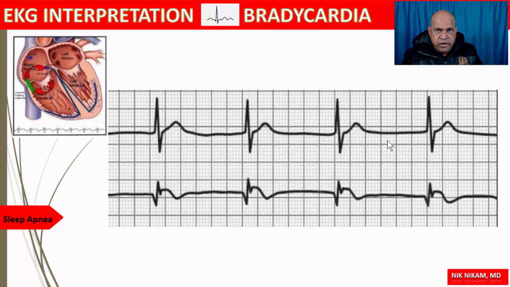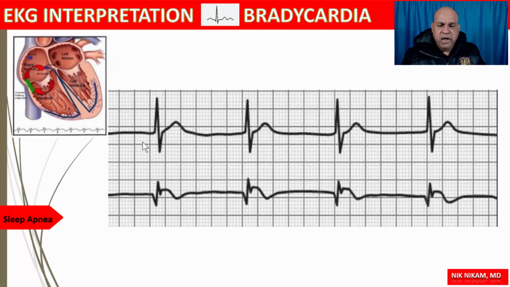There are a number of drugs, including beta blockers, calcium channel blockers, and digoxin, which can cause junctional rhythm in the presence of sinus rhythm or even in the presence of atrial fibrillation. We're going to look at another example of that.